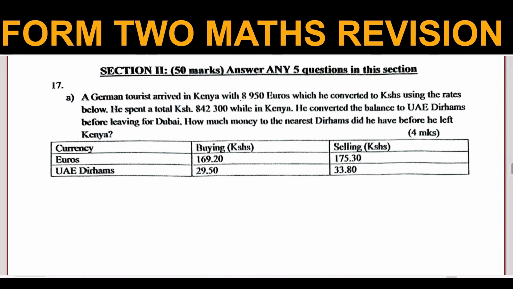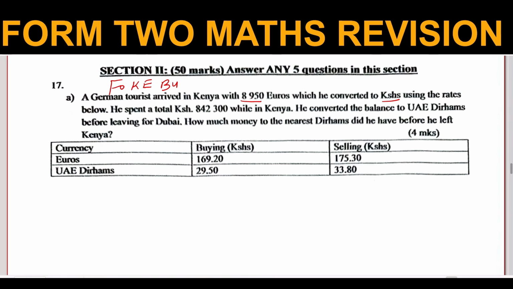So we start by converting. He arrived in Kenya with 8950 euros. So we need to convert that one first to Kenya shillings. So we're converting foreign money to Kenyan money. And for that case, we buy. So anytime we're converting foreign to Kenyan money, we buy.